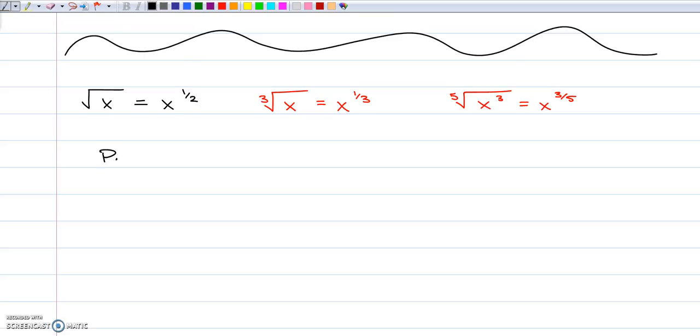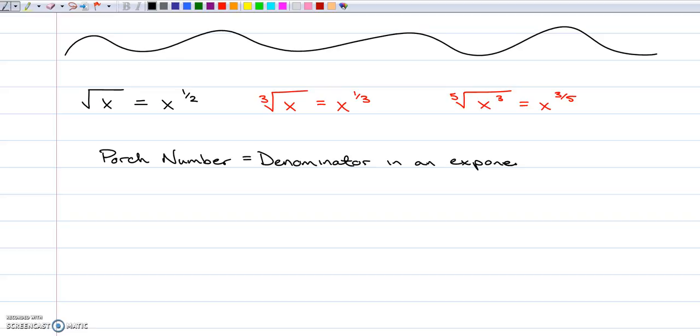The porch number, aka how many members of repeating factors do there need to be to leave out of the radical? That porch number is the denominator in an exponent.